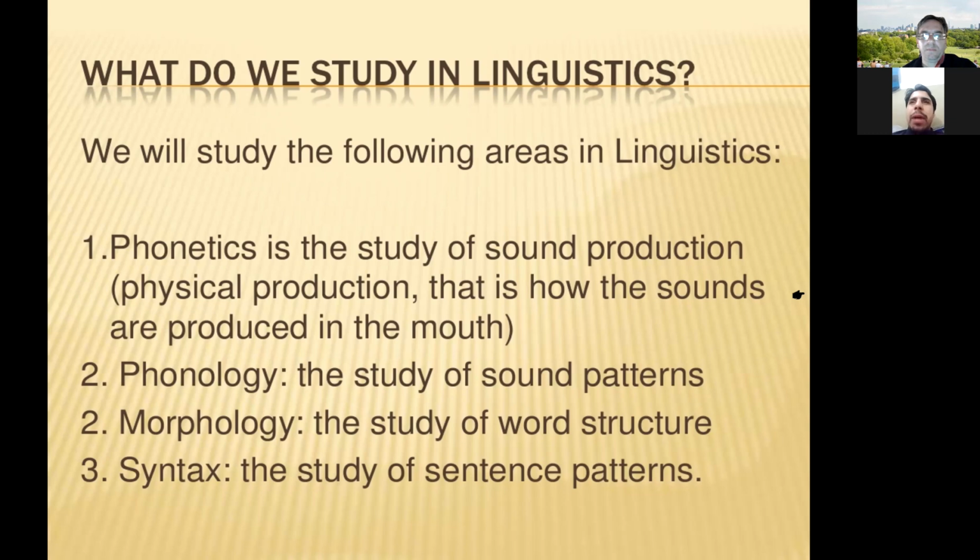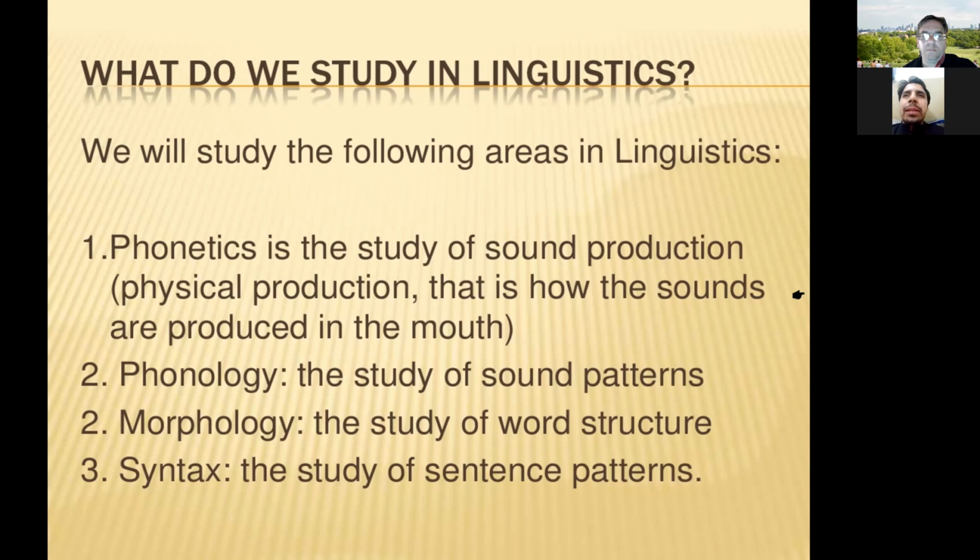In macro branches of linguistics, we study language in relation with other departments, with society. This is called sociolinguistics, and in relation with computers, computational linguistics, and in relation with psychology, psycholinguistics.